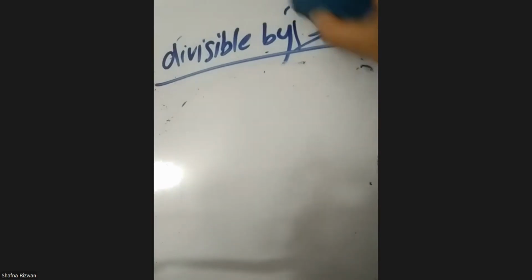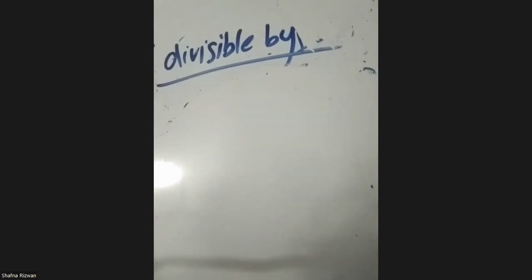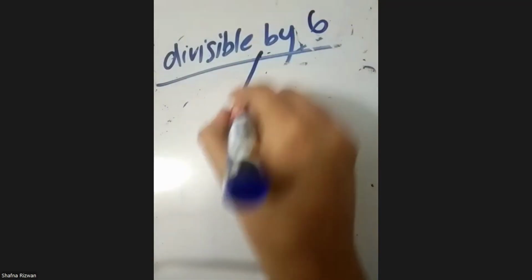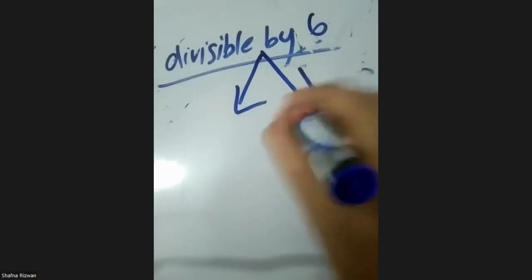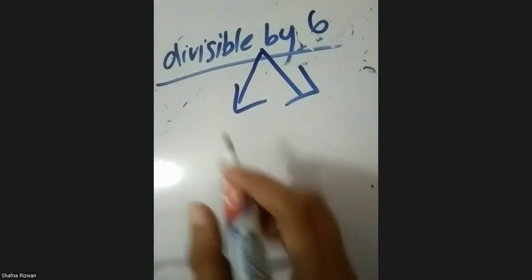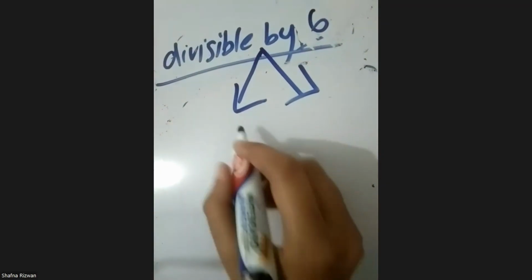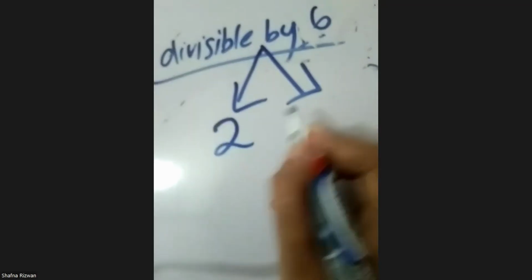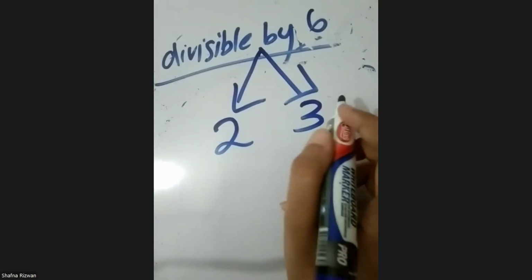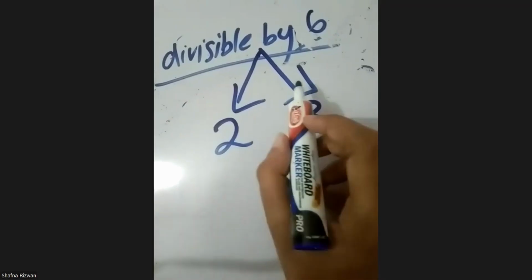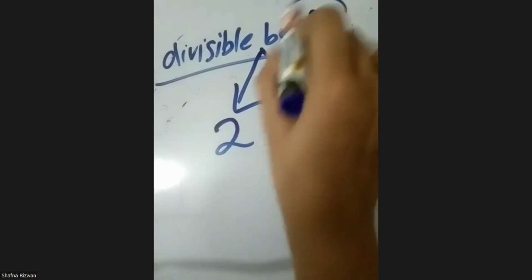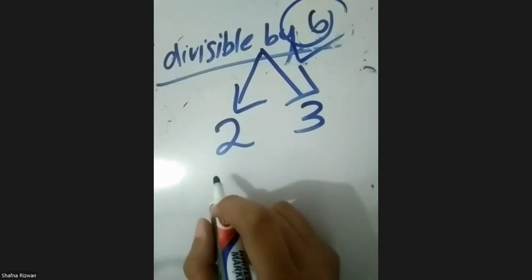Okay, now let's see whether a number is divisible by 6. How can you do that? To do that, you all should know two things. That is, if you take any given number, it should be divisible by 2 and it should be divisible by 3. Then only that number will be divisible by 6.